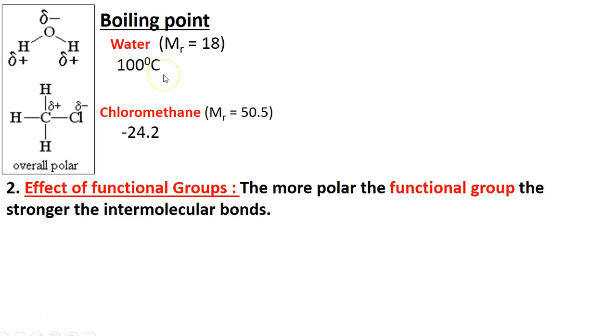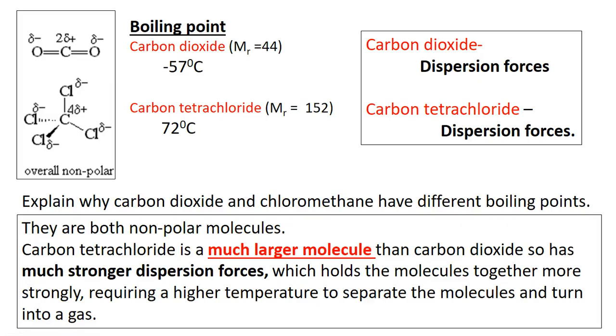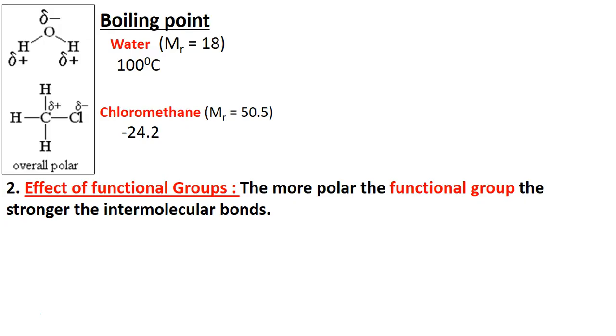Okay. So before, the last one, we compared carbon dioxide and carbon tetrachloride, both non-polar molecules. Now if we compare a non-polar molecule, the same one, no, bite my tongue, we've only got one chlorine, so this is a polar molecule, and that's a polar molecule. So we've got two polar molecules.